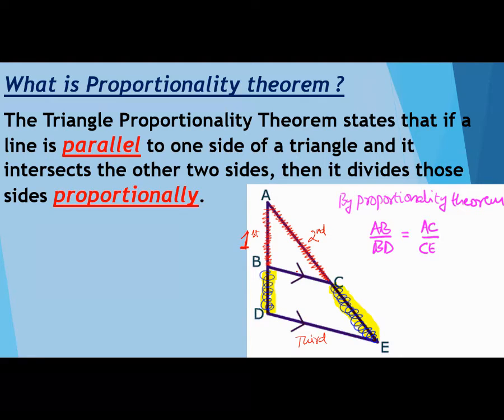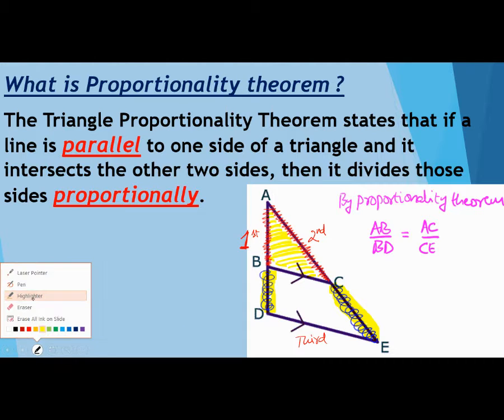So here triangle ABC is one small triangle, and ADE is the whole triangle. So I see the two triangles. So here AB over BD equals AC over CE.